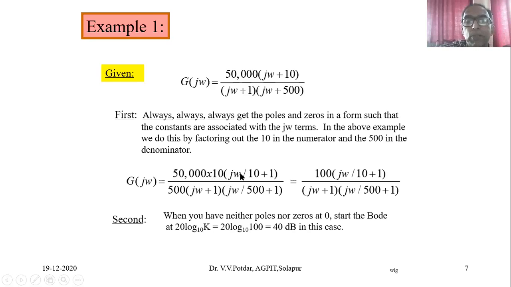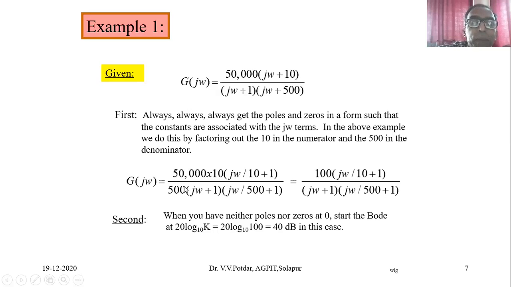So it is 1 + τs form. In the denominator, here nothing to be taken out common. Here 500 is to be taken out common, so 500 times (jω + 1)(jω/500 + 1). So all these are converted into 1 + τs form.